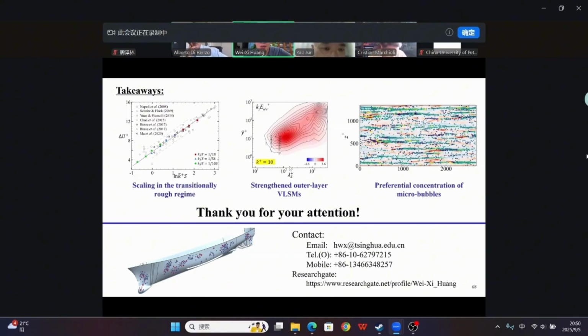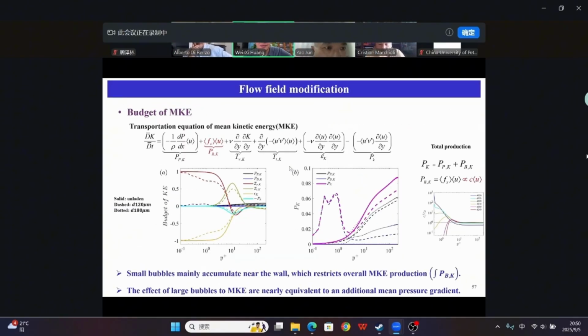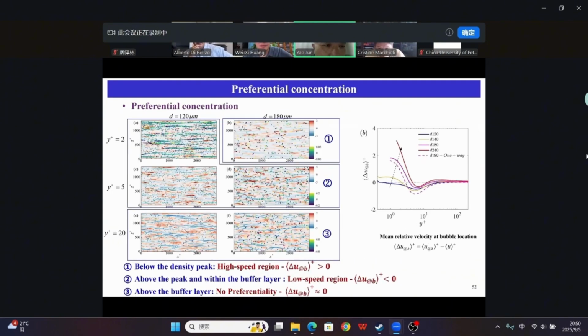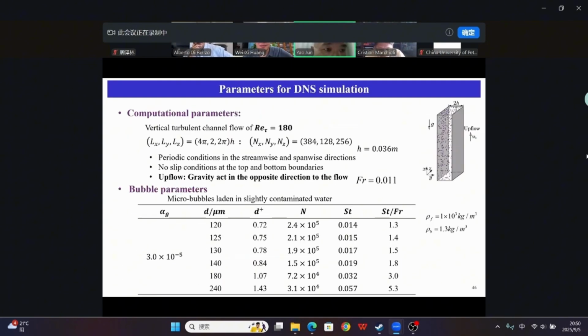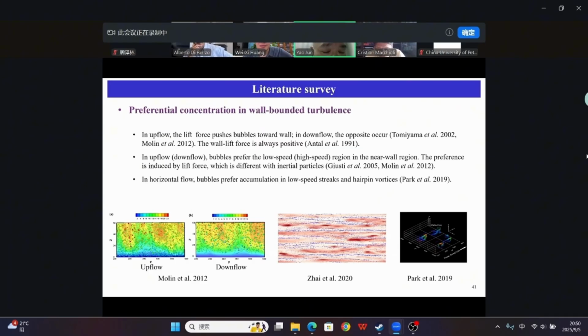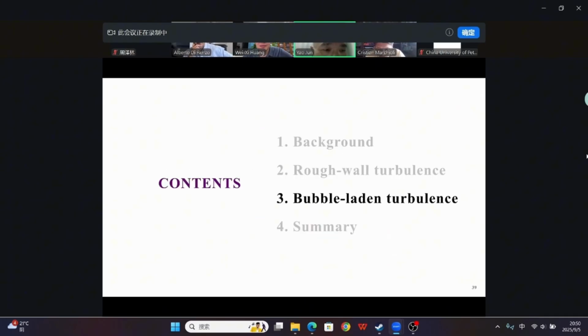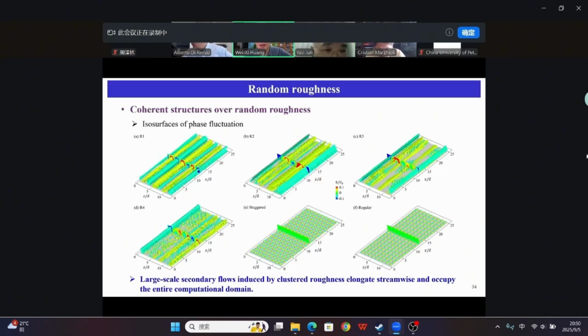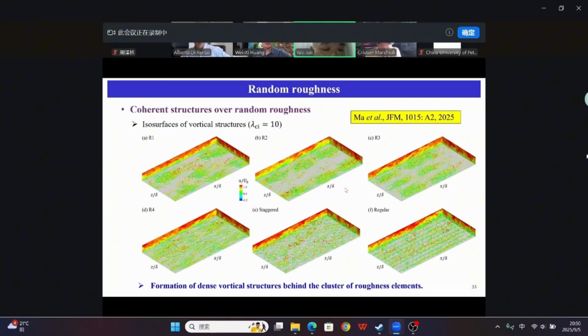Wei-Xi, because we know the secondary flow can be found in the duct flow, and in circular pipes too. So for your case, you just found the secondary flow in the rough phase. So it's very interesting. I'd like to know more detail of it.